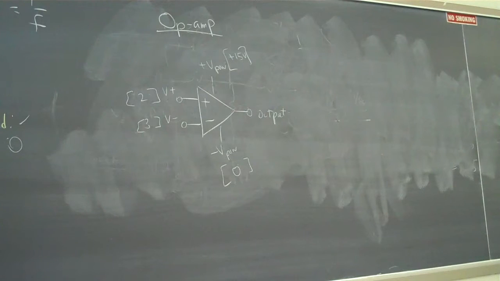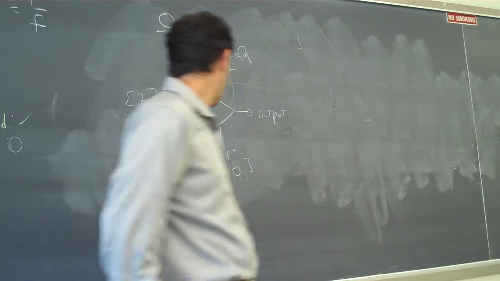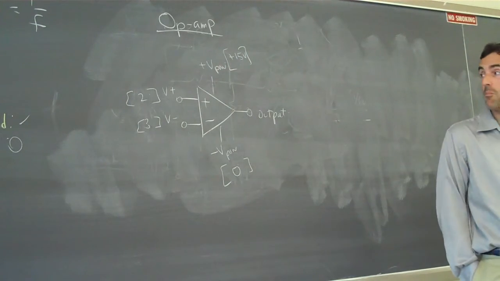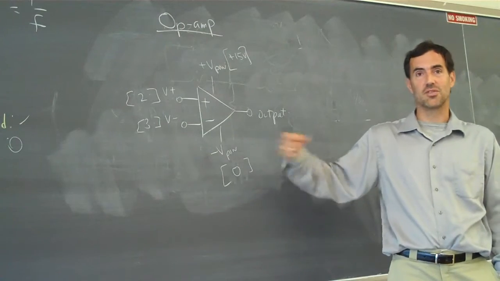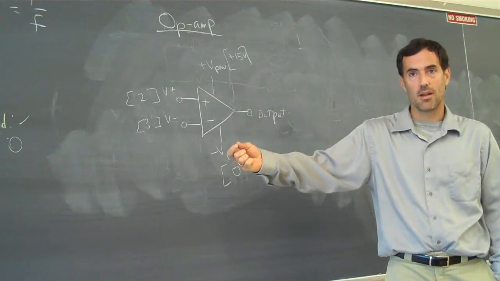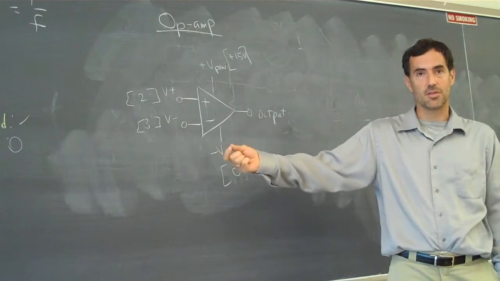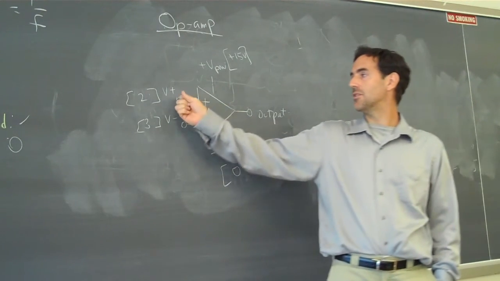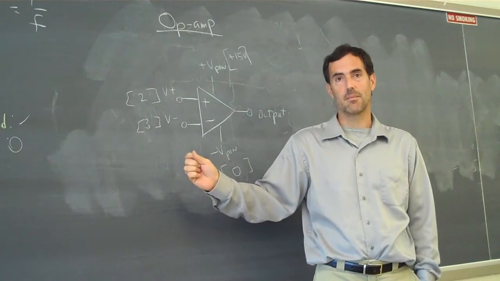James? Say if the V plus and the V minus were the same number, then would the output always be 0? No. Suppose they are the same number. In most of the applications of this, we'll see, not today, but probably Thursday, most of the applications involve these two voltages being the same.